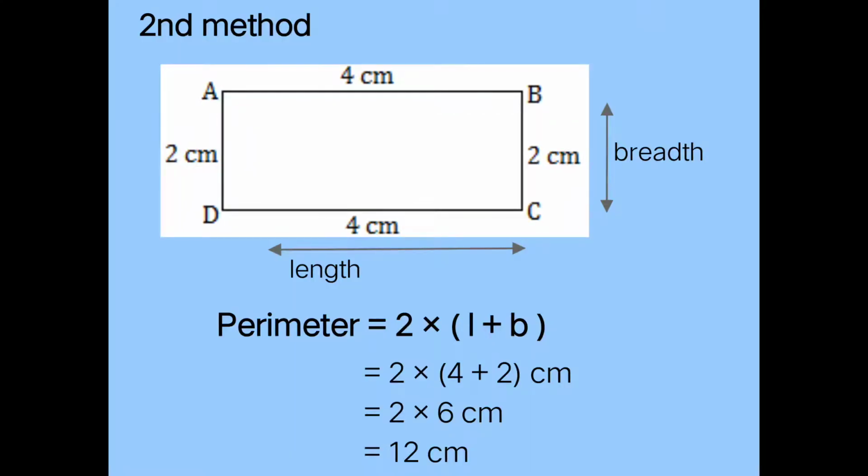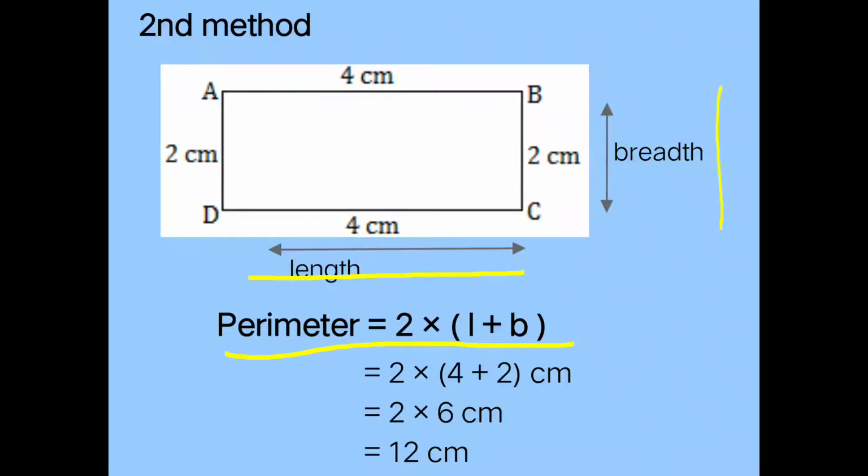Now here the second method, for the same perimeter of a rectangle, is by using a formula. Here we have length and breadth, and using length and breadth we apply the formula: perimeter is equal to 2 into (L plus B). We add the length and the breadth and multiply by two, because we already have one more length and one more breadth.